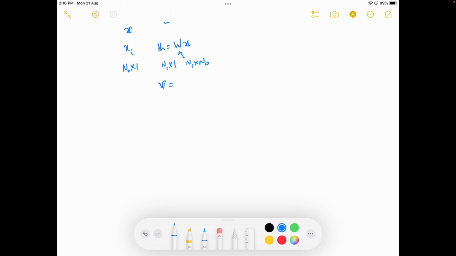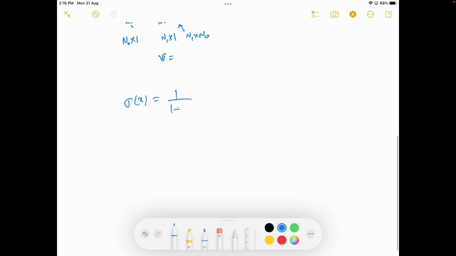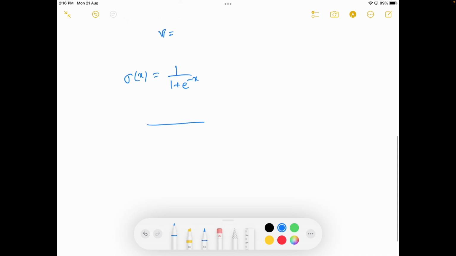Sigmoid function. I think we discussed sigmoid in previous classes. No? We have not discussed the sigmoid function. Okay, what is the sigmoid function? Sigmoid of x is equal to 1 upon 1 plus e to the power minus x. If you plot it, at x equal to 0, what is the value?